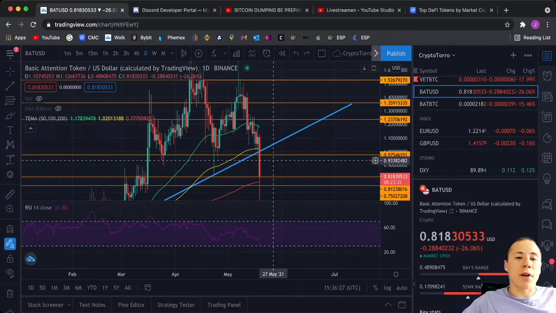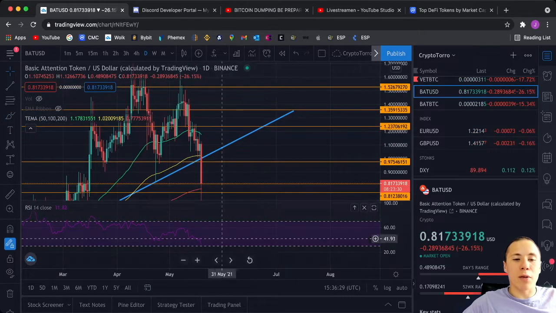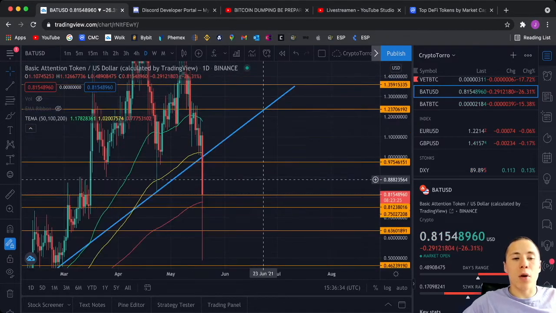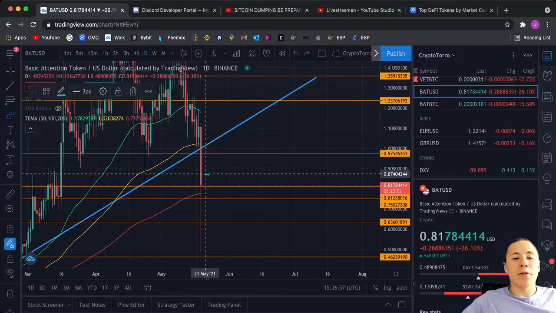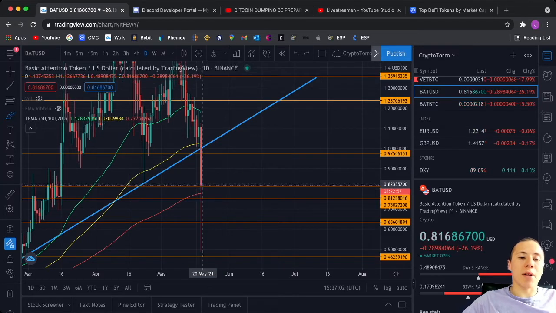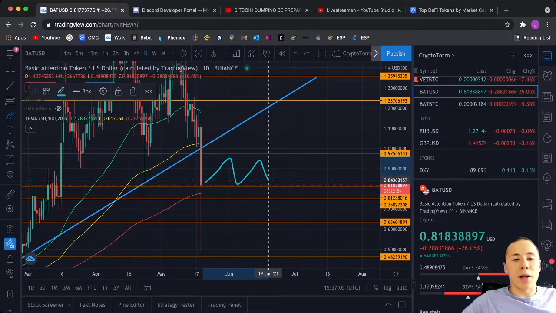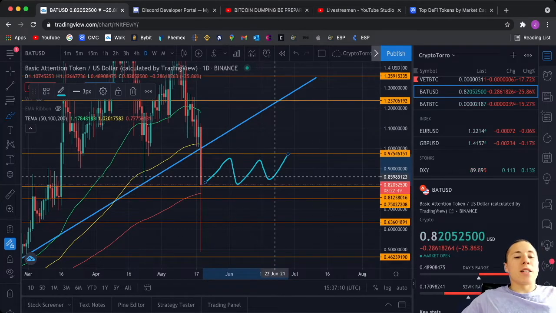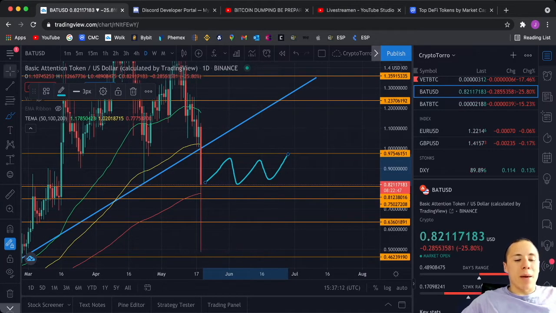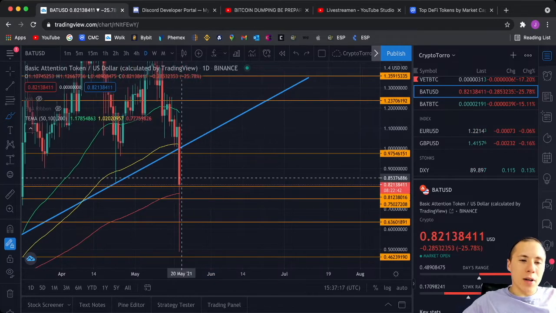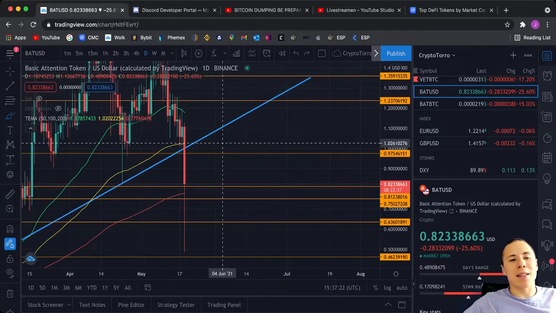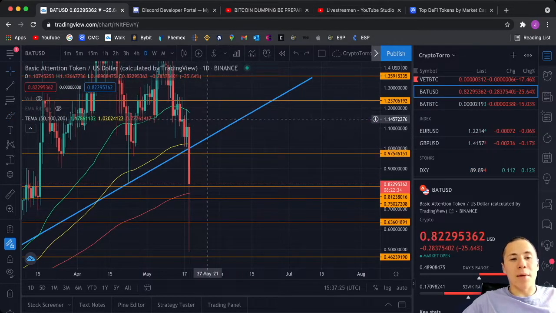So that's why I personally think that momentum towards the upside will be created once we go underneath the dotted line on the RSI, and that's also why I think it will be a level that we have to keep monitoring during the upcoming days if basic attention token stays in between these two levels of support and resistance, and maybe even creating a momentum switch on the RSI by giving us a bullish or bearish divergence. But for this moment, I'm personally quite happy that it stayed above the 200-day moving average, and this shows a lot of strength on the basic attention token chart.